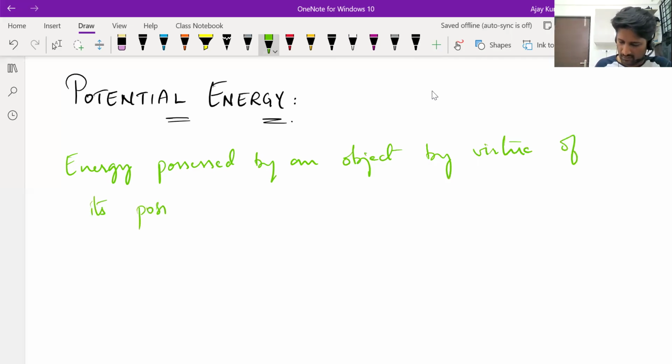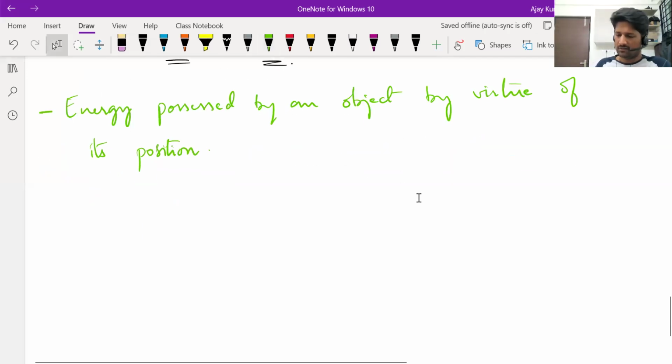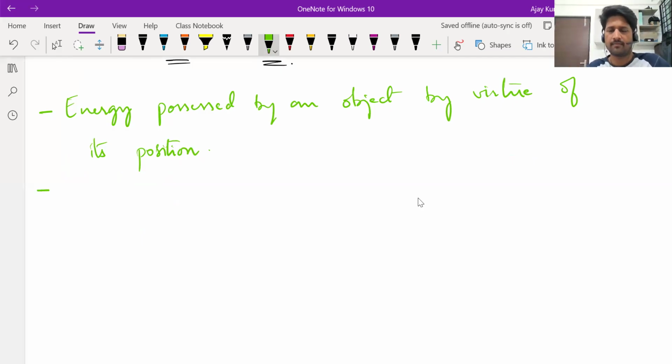Okay. Any other definitions, anyone? Fine. This is the most common definition that you might have learned in lower classes. Let it be. To some extent, it is correct only, but not the perfect definition. Do you know any formula for potential energy? Any formula that you might have learned in your lower classes?